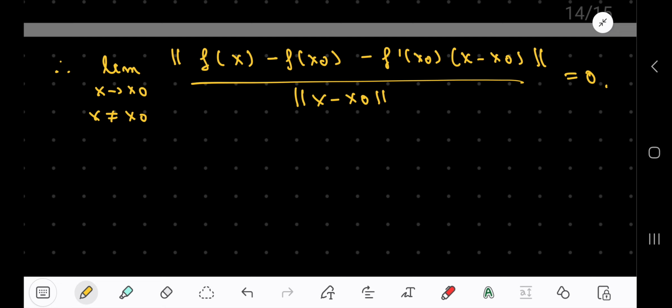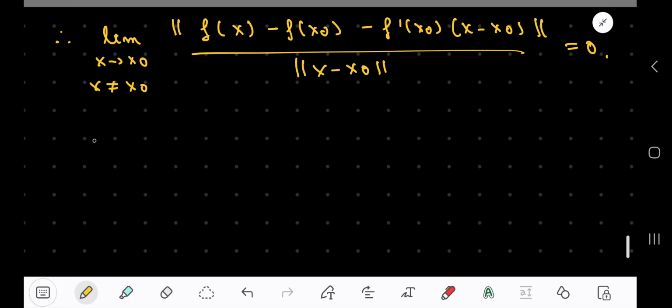Fine. Now I need to prove that the directional derivative exactly equals f prime at x naught operated on v.